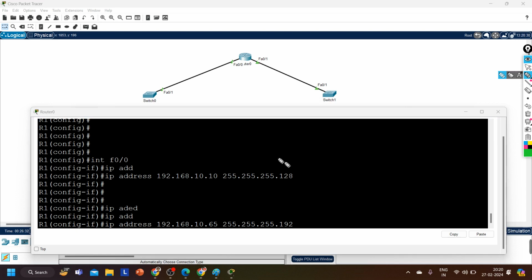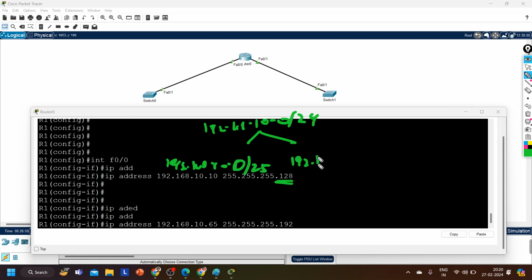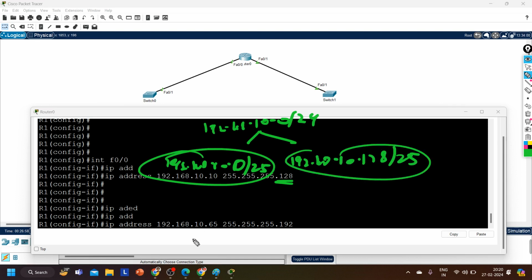Let's say my actual network is 192.168.10.0/24, but here I am using /25. That means I have divided this network into two parts. First network 192.168.10.0/25, another network 192.168.10.128/25. Clear?